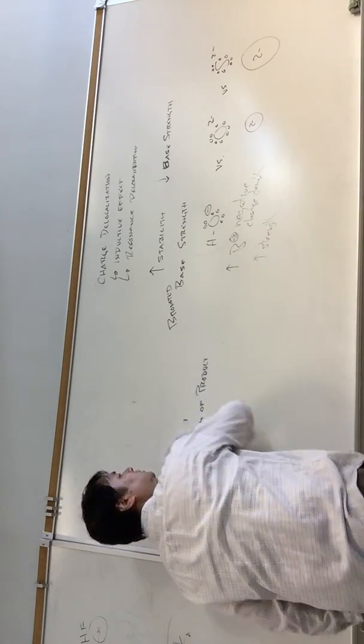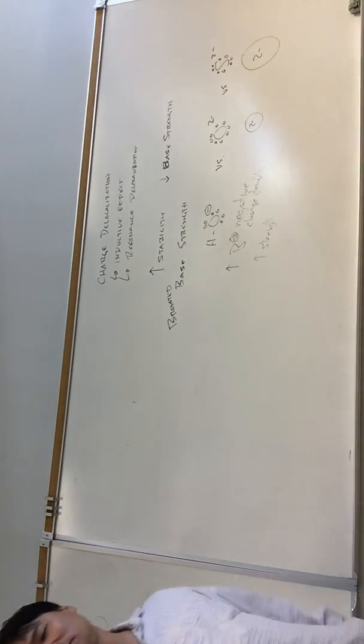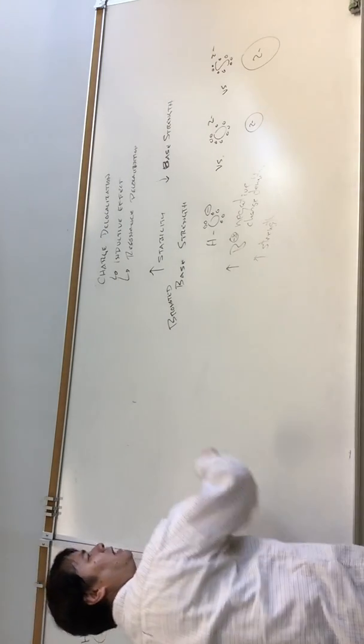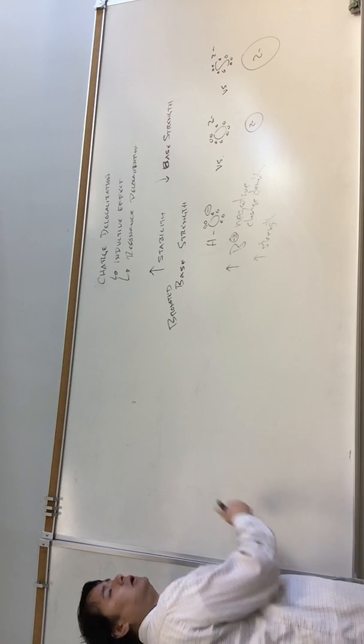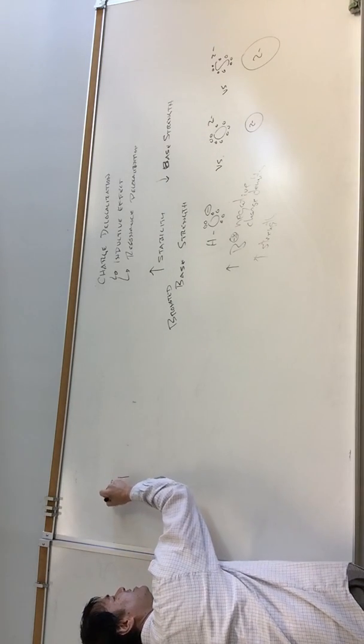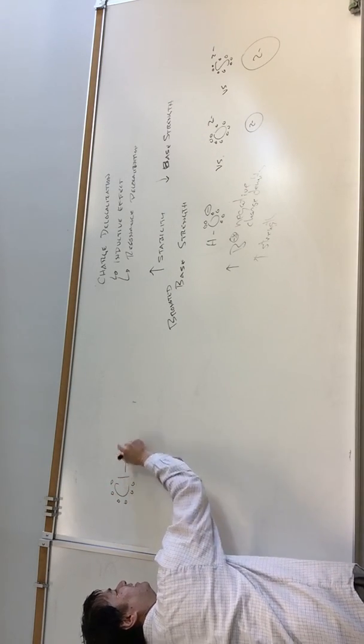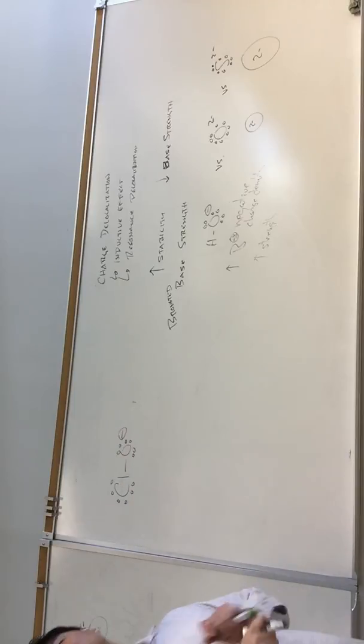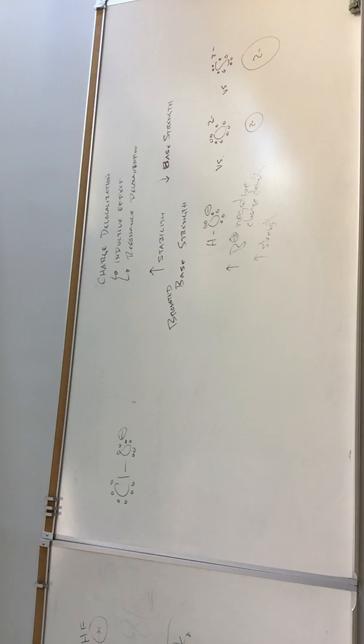And so what would you think about the base strength of something like this? Well, it's kind of like hydroxide, right? But different. Do you know the name of this ion? This is hypochlorite.